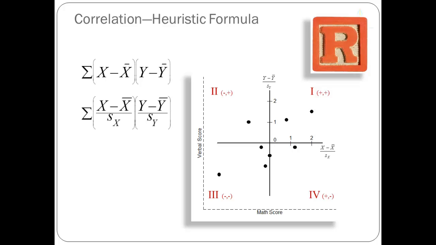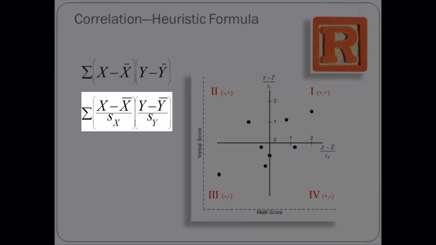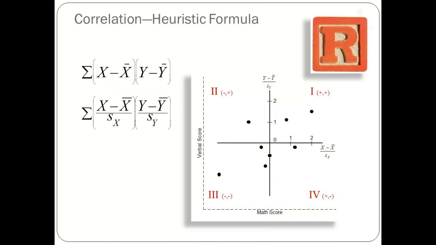The first adjustment we're going to make is to get rid of the scale of the measures. And to do that, like we did in the slide before, we're going to take those deviations and divide by the standard deviation of their respective variables. That is, we're going to take each point and convert it to a z-score before we multiply them together. This puts our distance, kilometers and miles, into the same metric.